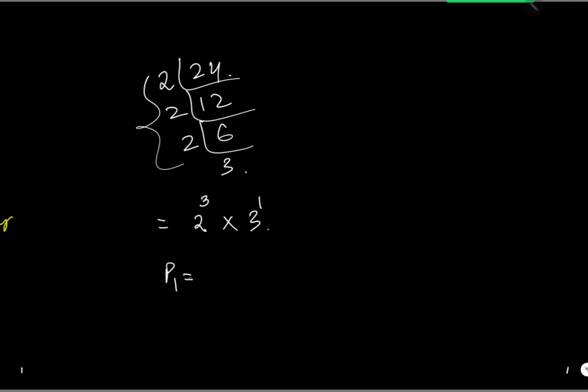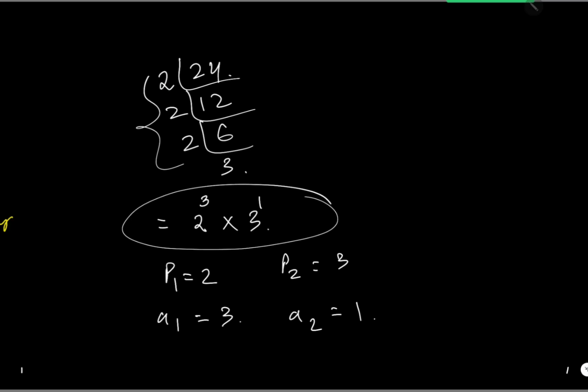Here our p1 is 2 and our a1 is 3. p2 is 3 and our a2 is 1. We just have to express the composite numbers in the form of these. This is what the canonical decomposition says.